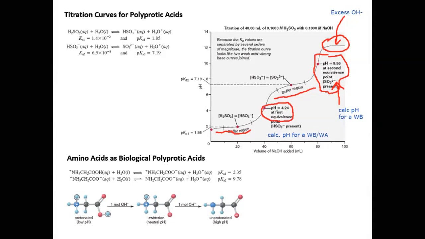For right now, it's either calculated as a pH of weak base or weak acid. I'd have to look into it for next time. I'll double check, but let me just erase it for now.